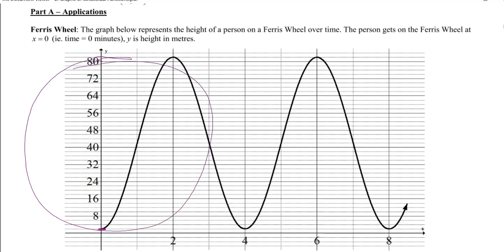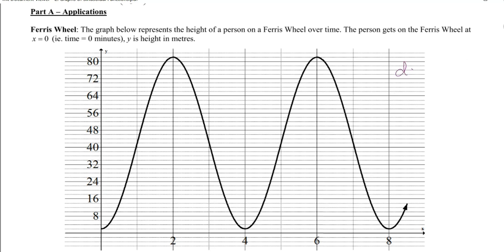It goes from 82 down to 2, and the radius is going to be kind of in the middle. What's going to be in the middle between 82 and 2? If we want the middle, for our case, it's the midline, the median. It's going to be halfway in between.